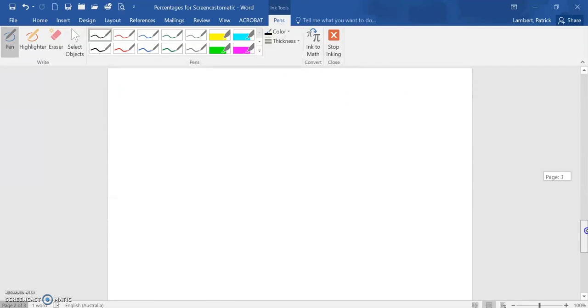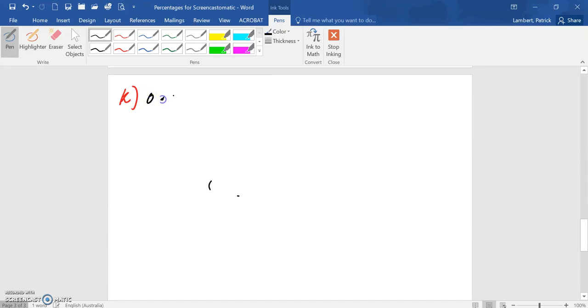We'll go to part K. Part K says 0.24461, and that needs to be multiplied by 100.